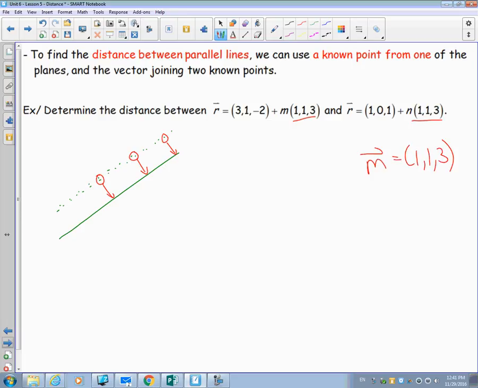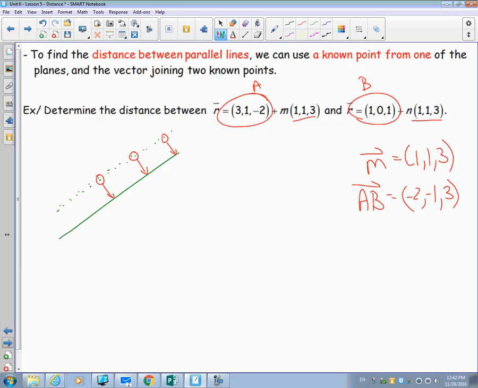In R3, we need a direction and a vector joining two dots. Here's one dot, and here's the second dot. If we call this A and B, we can make a vector that goes from A to B. So we'll get negative 2, negative 1, and 3.